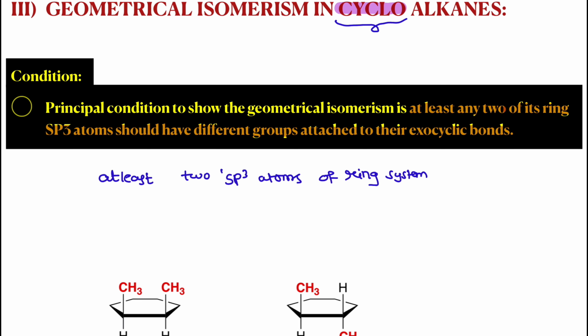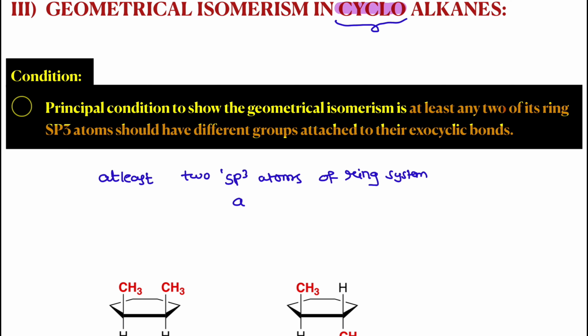The atom must be present in the ring. Hybridization of the atom must be sp3. At least two atoms, not one atom, at least two atoms. Those two atoms should have sp3 hybridization. They should be the part of ring system, and they have different groups.